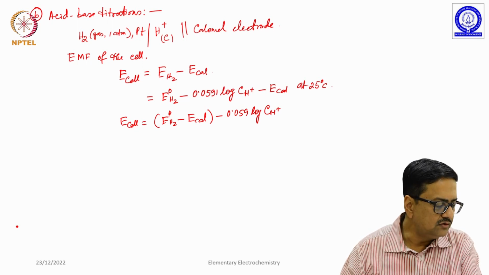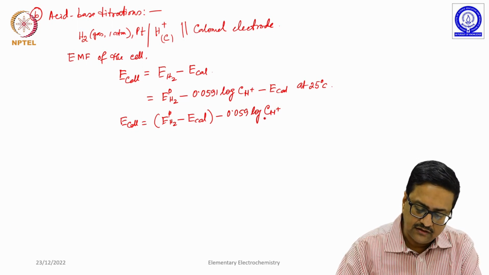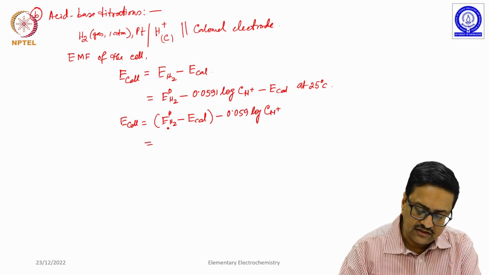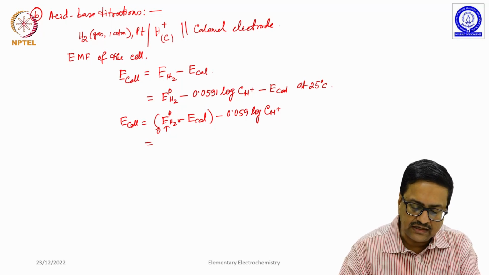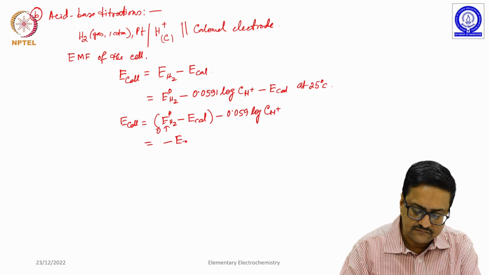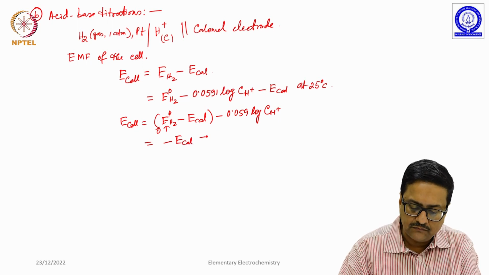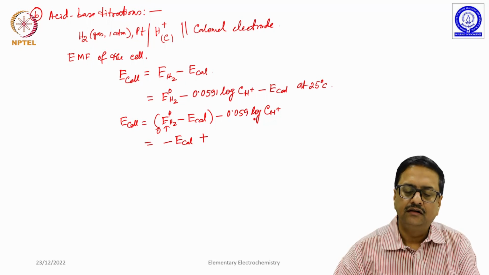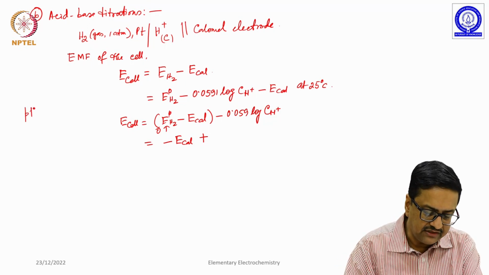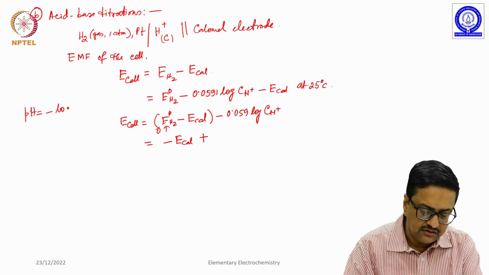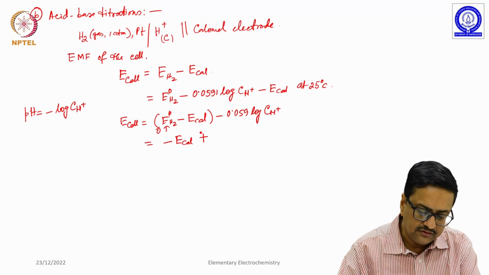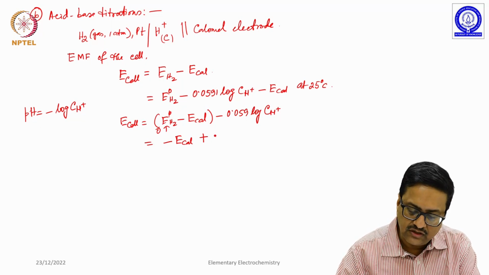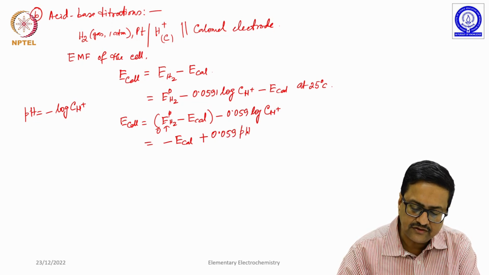And now, what you know is that this E 0 is 0. So, this is the minus E calomel, then I put a plus sign and you know that pH equal to minus log concentration of H plus, right. So, we can write it as equal to 0.059 into pH.